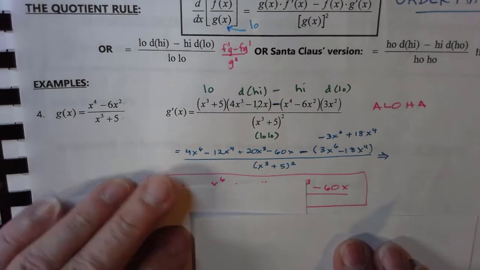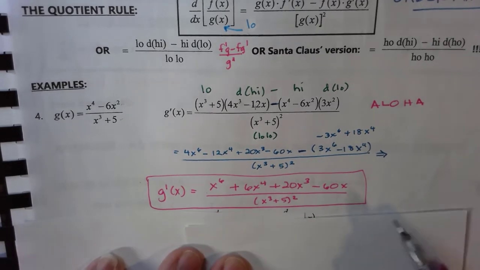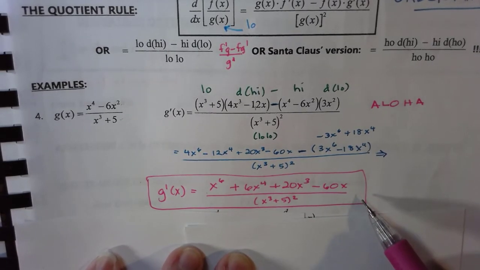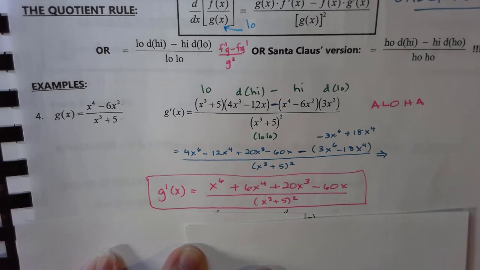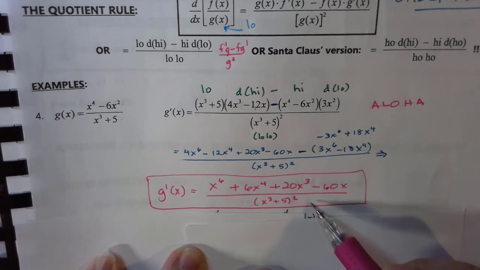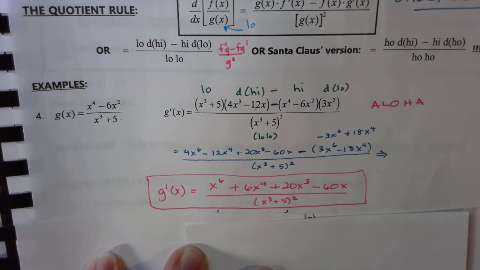And we can combine similar terms, and we get this as our derivative: x to the sixth plus 6x to the fourth plus 20x cubed minus 60x, all over x cubed plus 5 to the second power. Leave that factored. Don't multiply this out. All right, pause the video and write all that down.